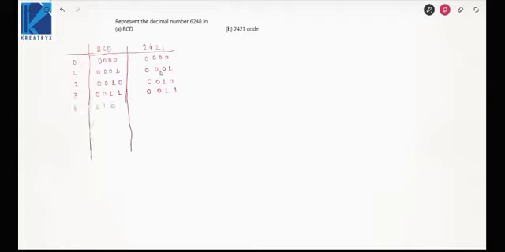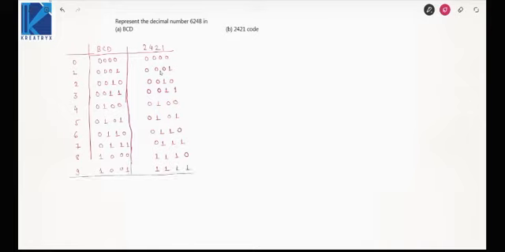Similarly 4 is 0, 1, 0, 0, and here also 0, 1, 0, 0. 5 is 0, 1, 0, 1, and here also 0, 1, 0, 1. 6 is 0, 1, 1, 0, here also 0, 1, 1, 0. 7 is 0, 1, 1, 1, here also 7 is 0, 1, 1, 1. 8 is 1, 0, 0, 0, but now here it will change: it is 1, 1, 1, 0. 9 is 1, 0, 0, 1, here it will be 1, 1, 1, 1.